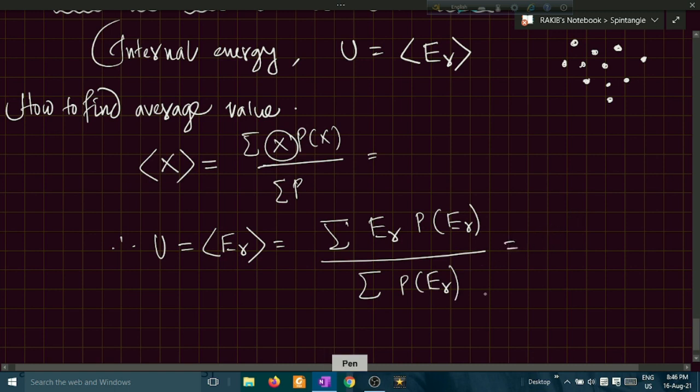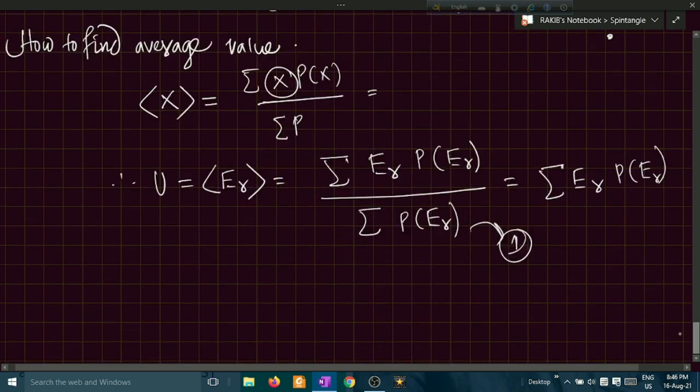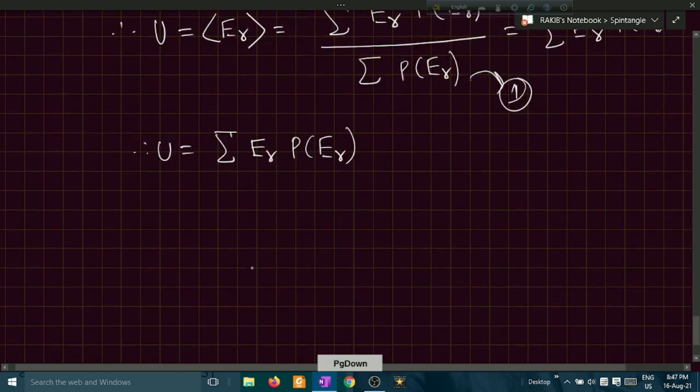That means the denominator becomes 1 and the numerator is the surviving term, Er times P of Er. Therefore U becomes the summation of Er times the probability of Er. What is the value of the probability of Er?